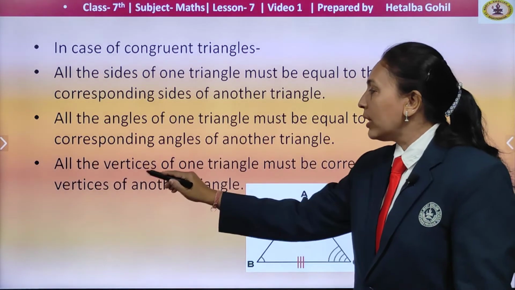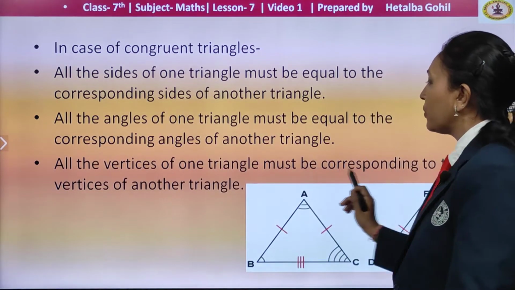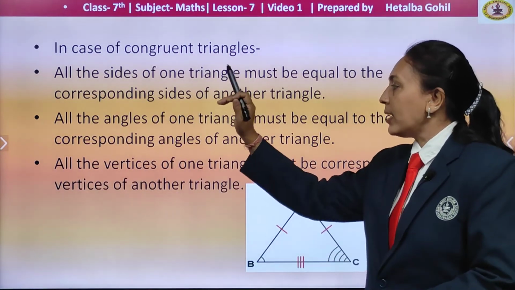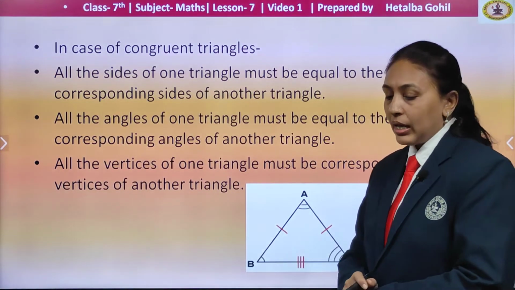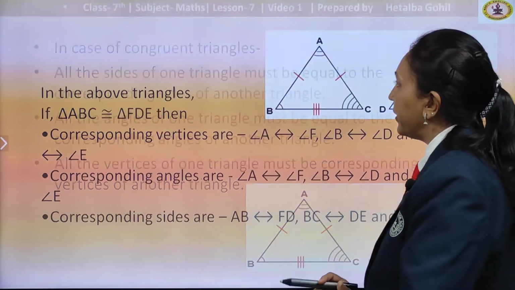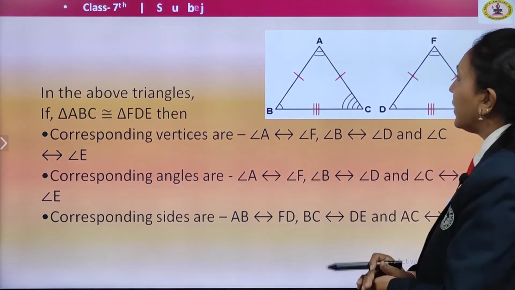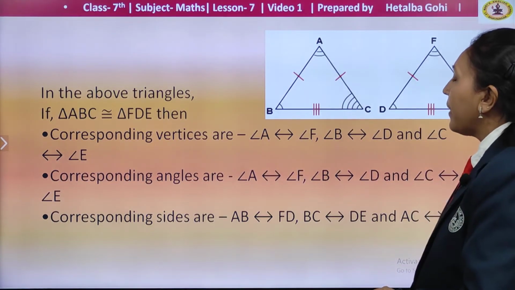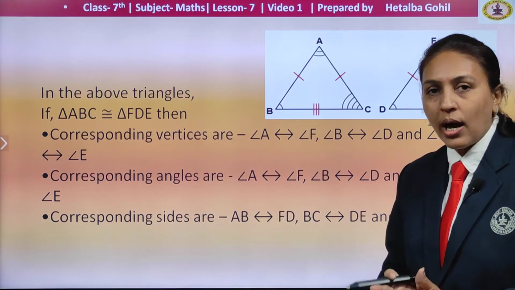Then, all the vertices of one triangle must correspond to the vertices of the another triangle. That means sides, angles and vertices, all three should be congruent to one another. As I told you, ABC and DEF the triangle here. So, if these two triangles are congruent, that means the corresponding angles, vertices and the sides too are congruent.